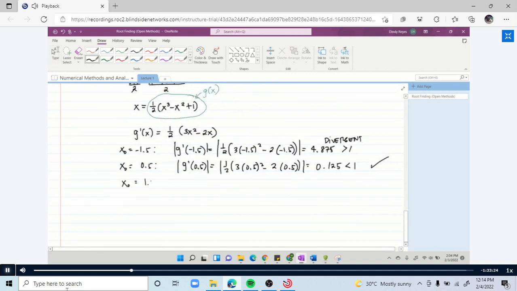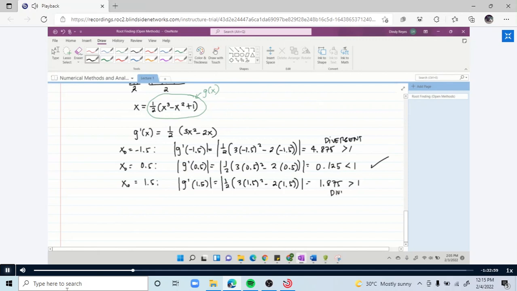So for 1.5, the absolute value of g prime of 1.5 is 1/2 times 3 times 1.5 squared minus 2 times 1.5. In my calculation, this is 1.875, which is greater than 1.